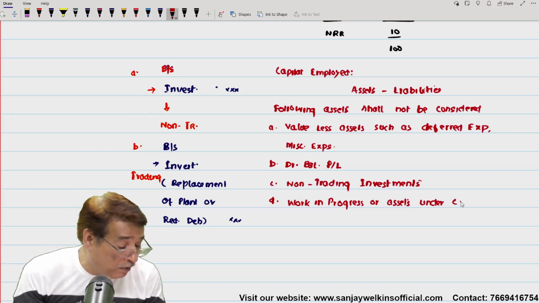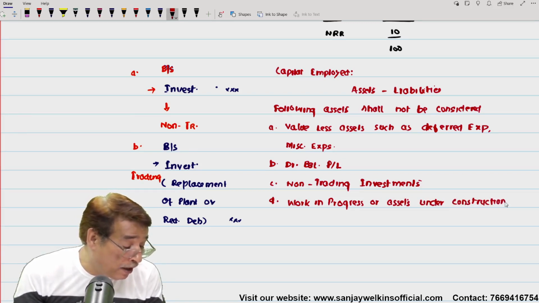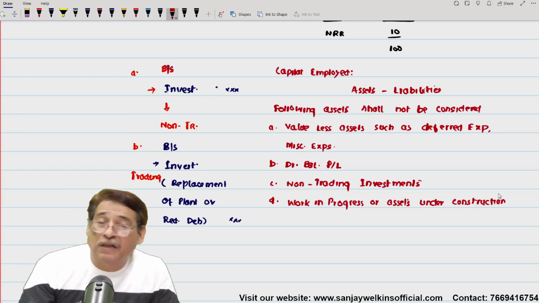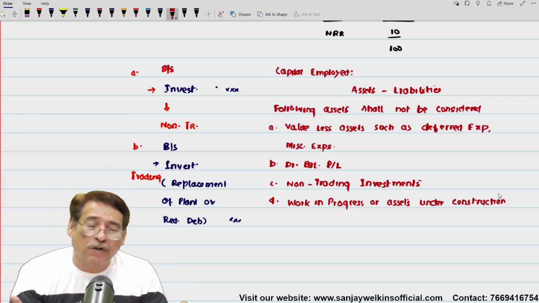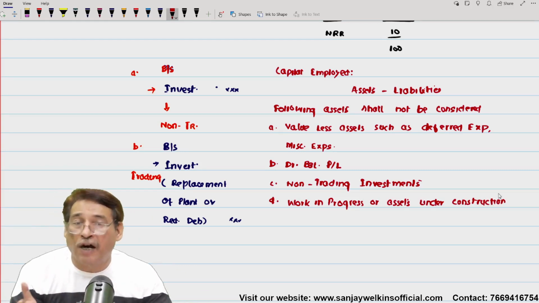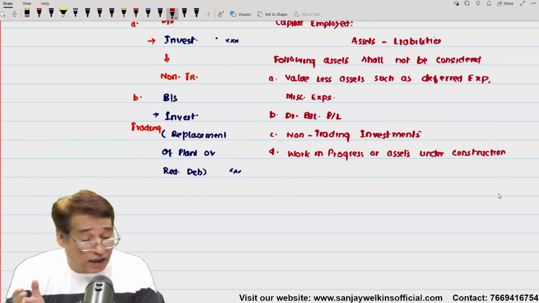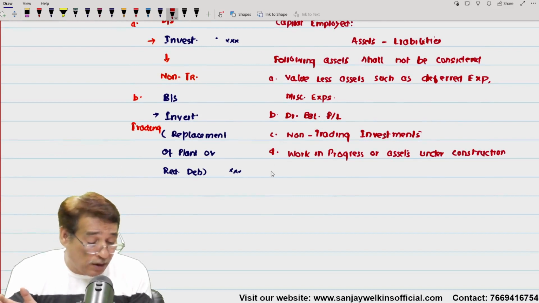You will never ever include such assets. Why? Because these assets are still under construction or work in progress. They are not yet completed. So that means we are not using these assets right now. That is why you will ignore them also.